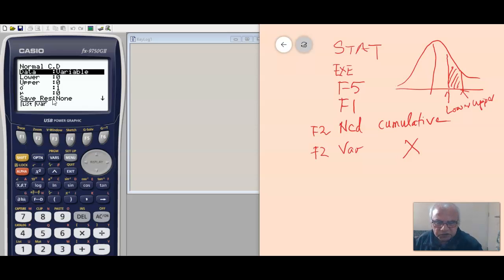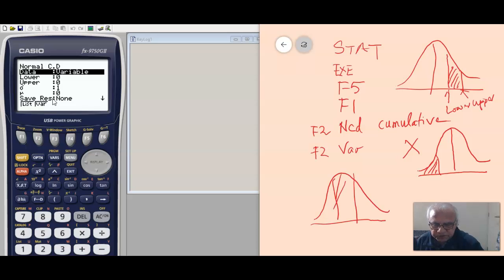And also we have to be careful about where the section or the probability area is located. Is it on the left hand side or on the left tail, or is it on the center, or is it on the right hand side?